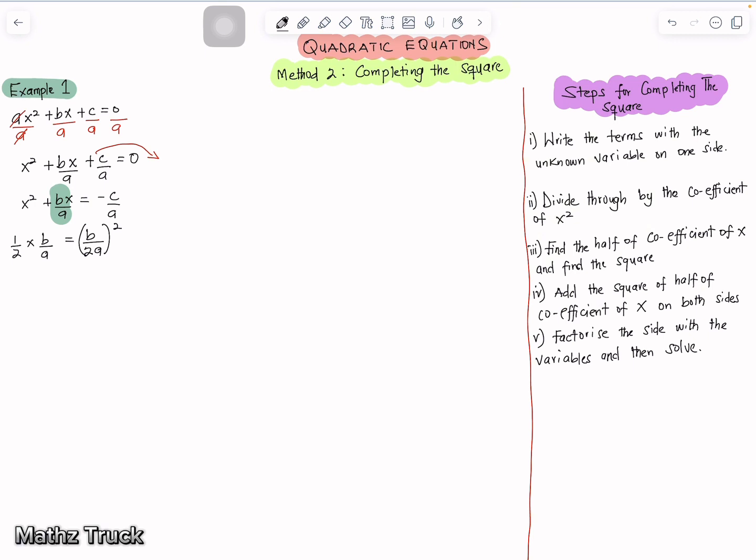So let's see. We have x squared plus bx over a plus our expression, which is now b over 2a all squared, equal to, remember we have c over a plus the same expression that we have, b over 2a squared.